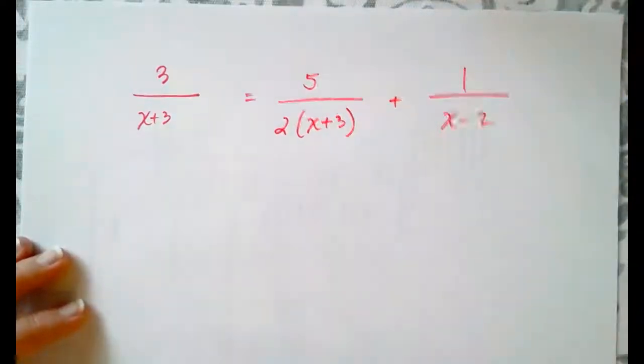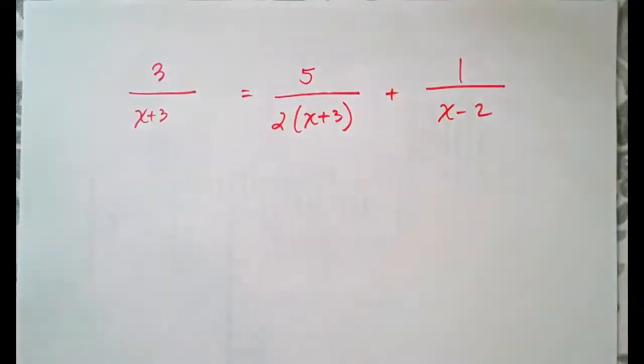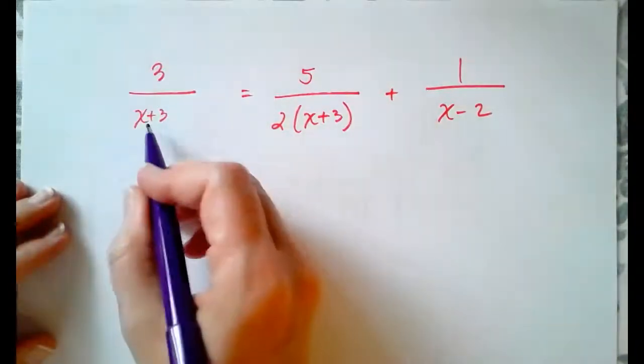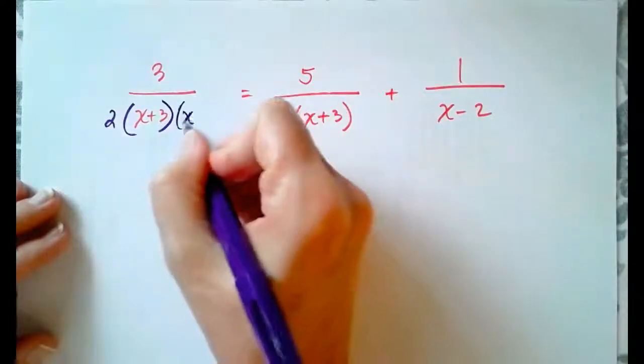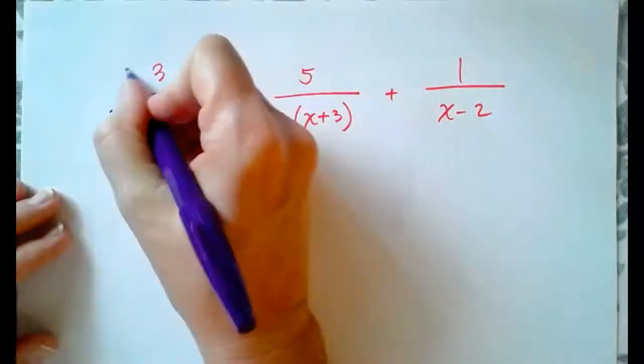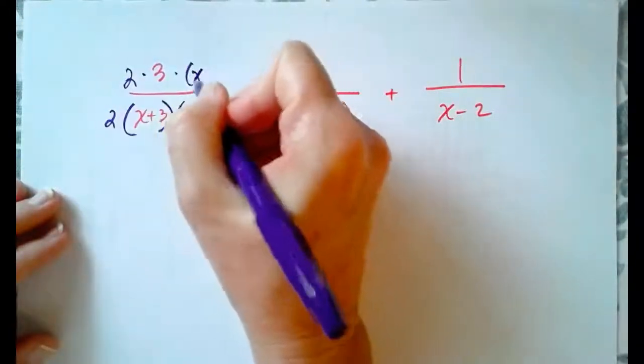We can also do this problem by establishing the common denominator across the bottom. So what is this one missing? This one's missing a 2 and missing an x minus 2. So 2 times 3 times x minus 2.